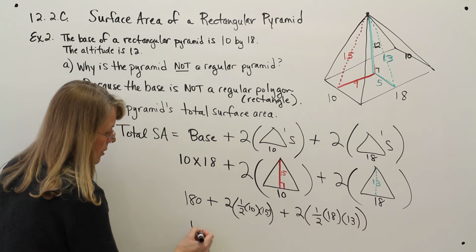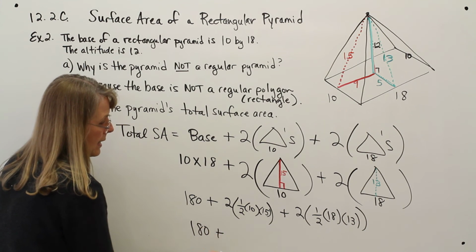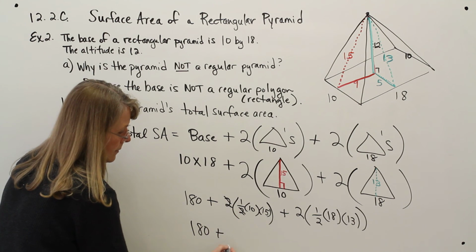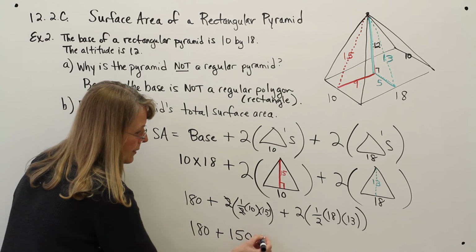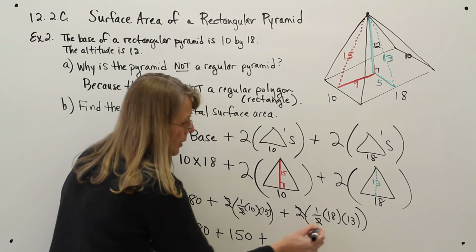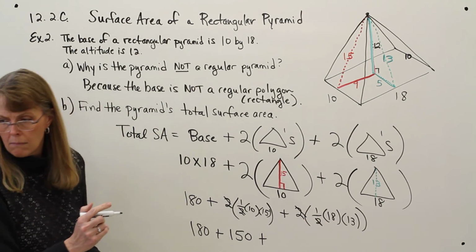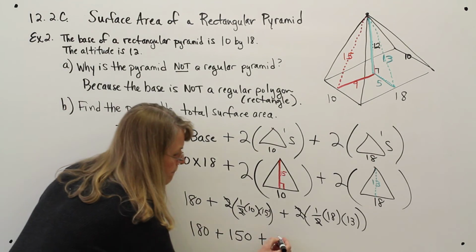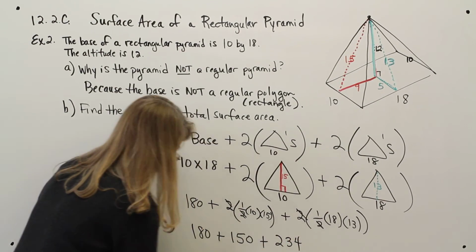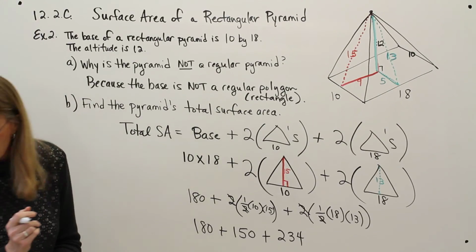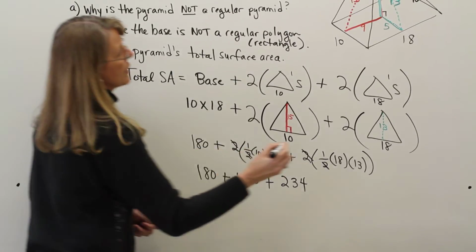To finish this off, I have 180. My 2's would cancel. That's 150. Plus my 2's will cancel. 18 times 13 is 234. And if I add all that up, my total area should be 564.